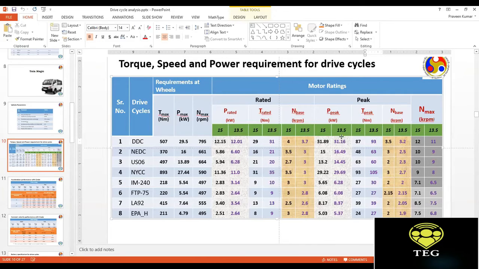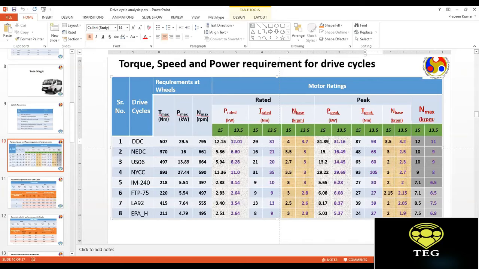The efficiency of a 13.5 gear ratio was slightly higher than that of the gear ratio of 1 is to 15. That is why instead of 31.89 kilowatt, you need 31.16 kilowatt. So the 1 is to 13.5 gear ratio had a slightly higher efficiency than the gear ratio of 1 is to 15.